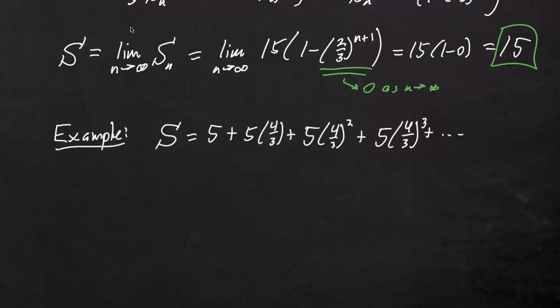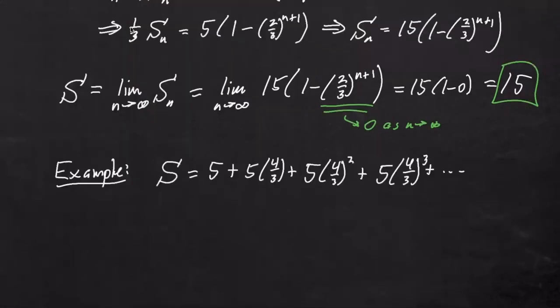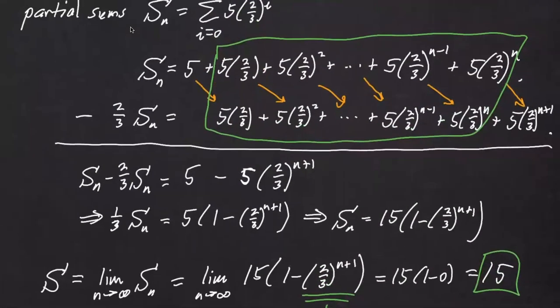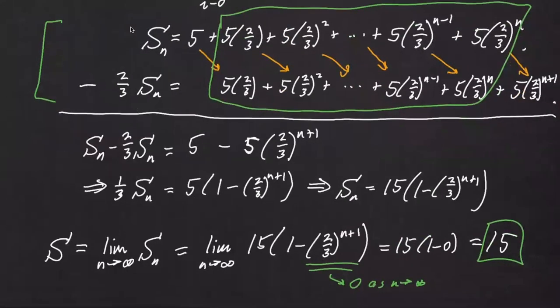Just as before, we had this finite geometric series. So rather than going through the whole trick here, I'm just going to remind ourselves that we actually derived the general formula for this.